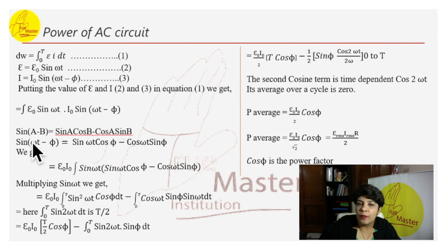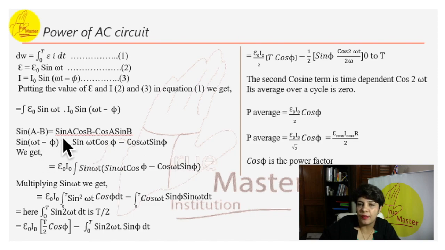We are aware of this formula: sine A minus B equals sine A cos B minus cos A sine B. Substituting this formula in place of sine omega t minus pi, we get sine omega t cos pi minus cos omega t sine pi. How? This is considered A and this is B.